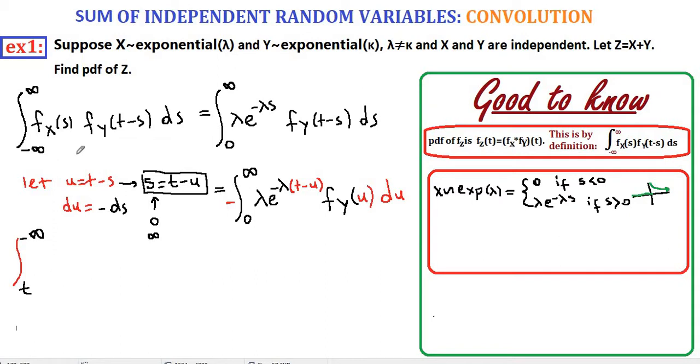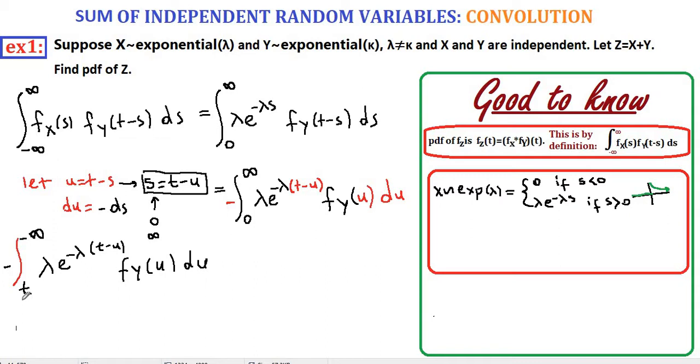So we change the limits of integral in terms of u as well. Lambda e to the negative lambda (t minus u), fY(u) du. And we had a negative sign here.